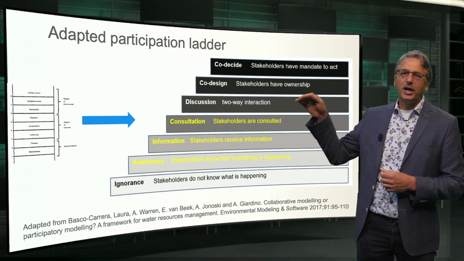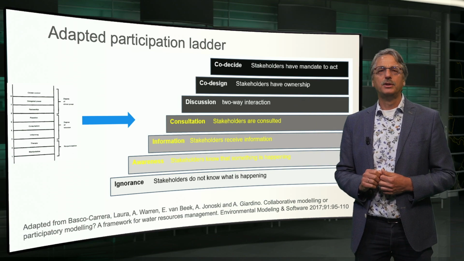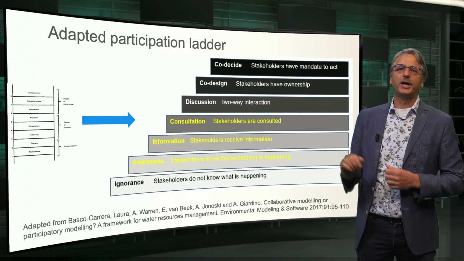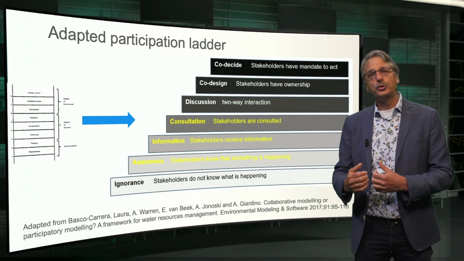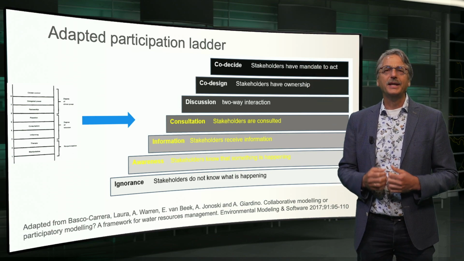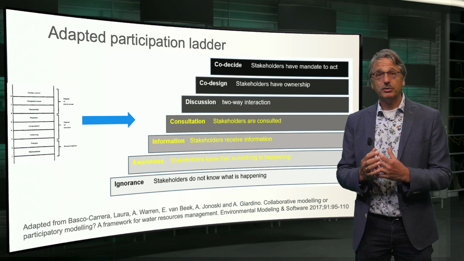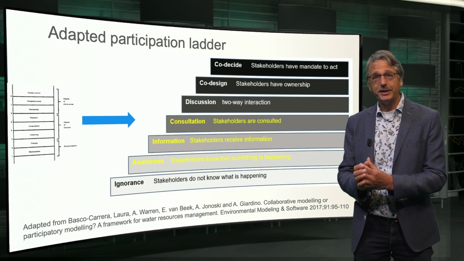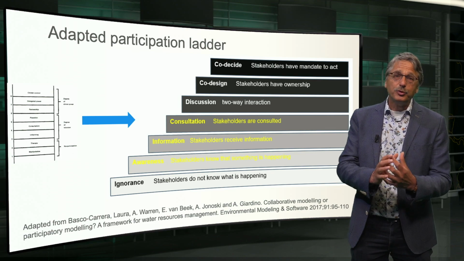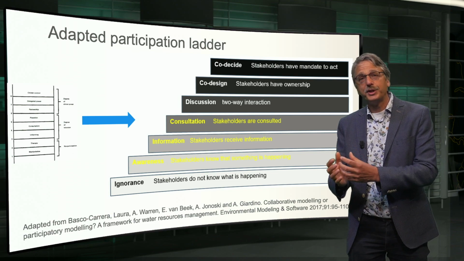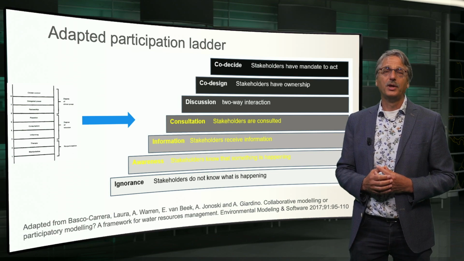Different stakeholders are engaged at different levels, from being only informed, to being consulted, to being invited to cooperate, to co-deciding. Each level has a different amount of influence and also a different amount of effort expected from the stakeholders. The more influence or gain one gets, the more effort, cost, one is expected to spend.